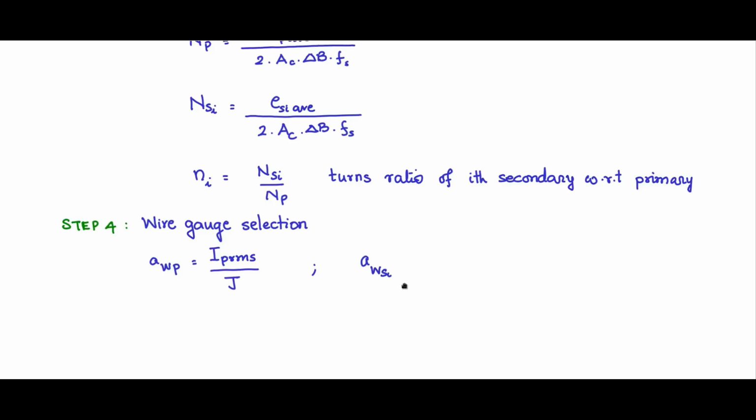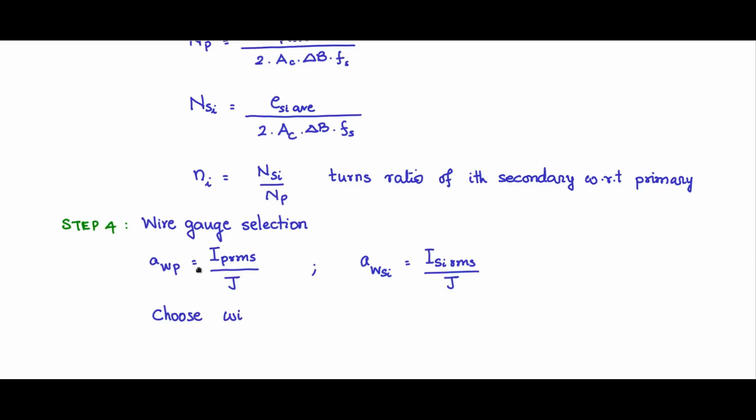The wire cross-section area of the ith secondary winding will be the RMS current of the ith secondary winding divided by J. Like that, for every winding you can find its RMS current and divide by J to get a calculated value of wire cross-section area. For J, just like in the inductor, we start with 3 amp per mm square, or 3 into 10 to the power of 6 amp per meter square.